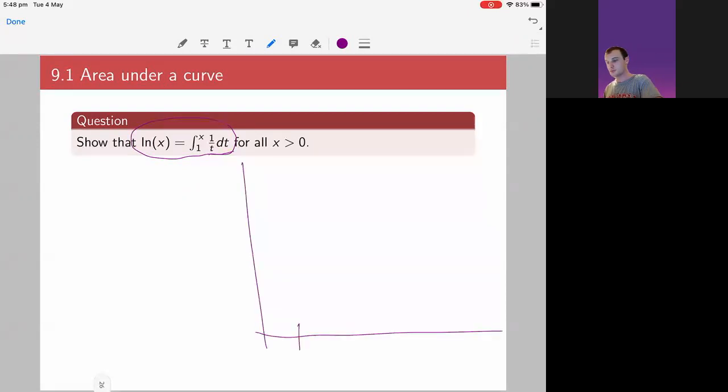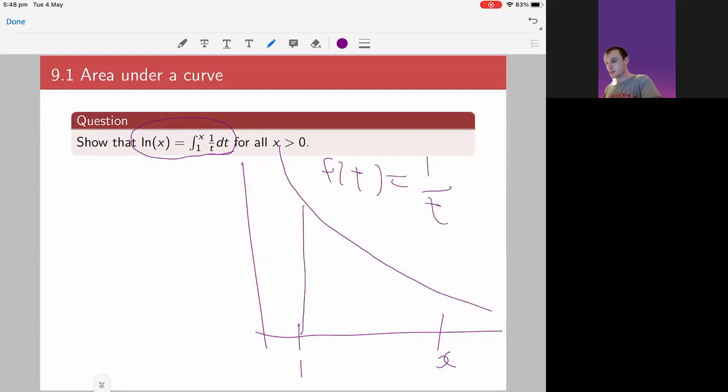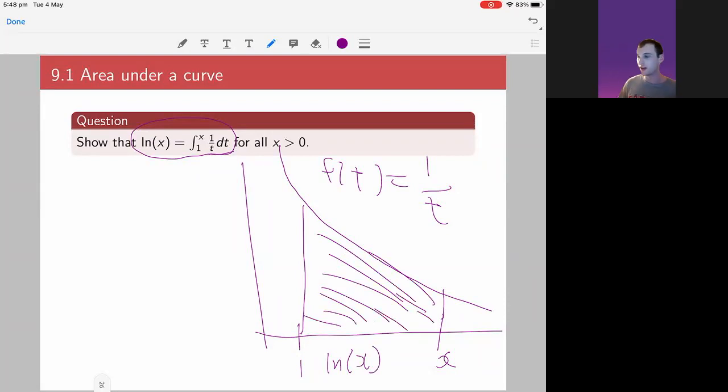Let's try and graph the function f of t equals 1 on t. The logarithm of x is precisely this area underneath this curve here. So that's quite nice, and this is true for all positive x.